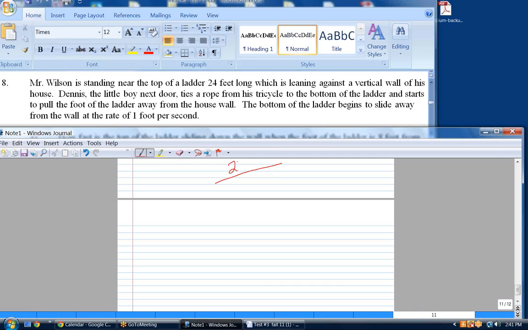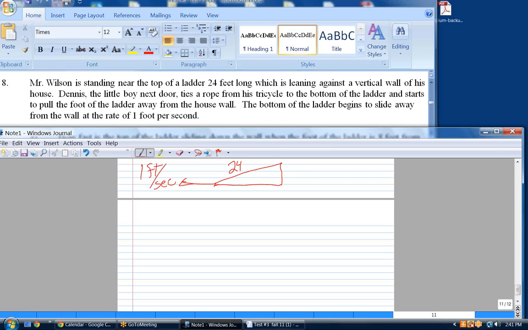This ladder is 24 feet long. It's leaning up against a vertical wall. We have a little kid that's pulling the bottom of the ladder in that direction at 1 foot per second. Nice kid.